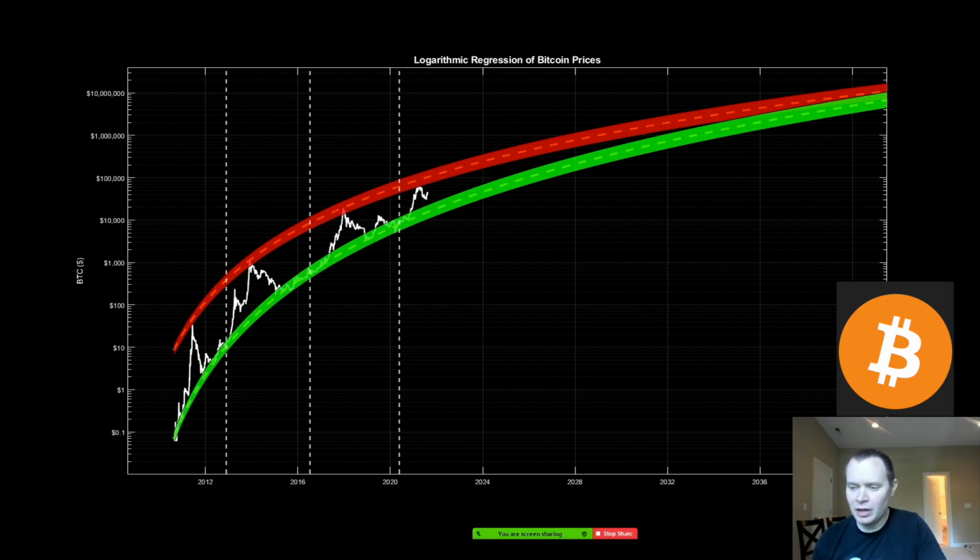Some years it goes up because it's not a monotonically decreasing function. But if you go back to 2009, 2010, 2011, the volatility back then makes what we have today look like nothing, because we could go up 10x in a really short period of time, and it was fine.